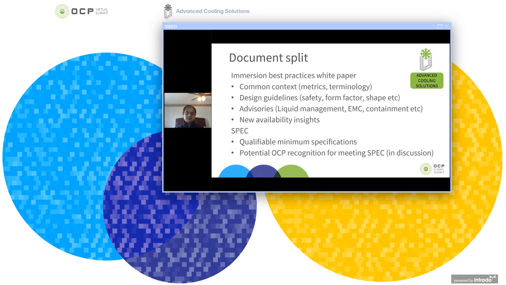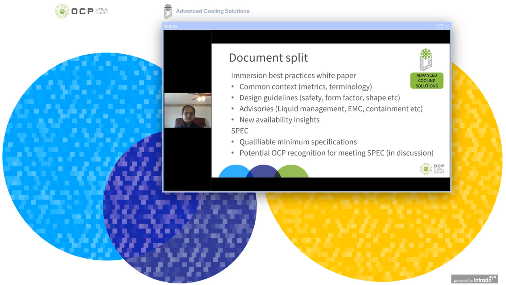Yeah, thank you, Jamil. So the document split, I'm just going to shed a little bit of light on that angle. What we intend to do is to split the initial immersion requirements document into two separate documents.